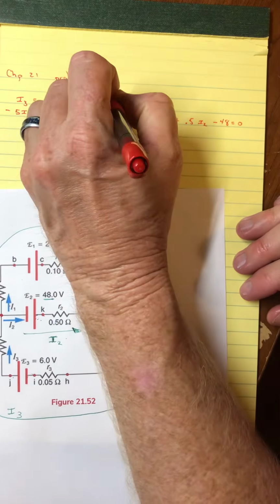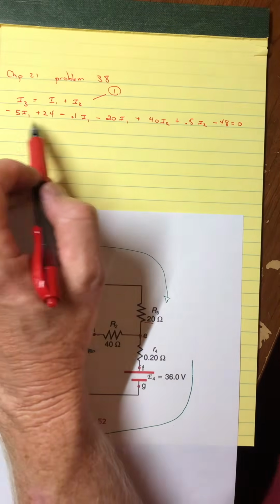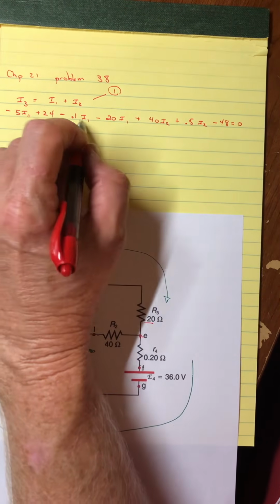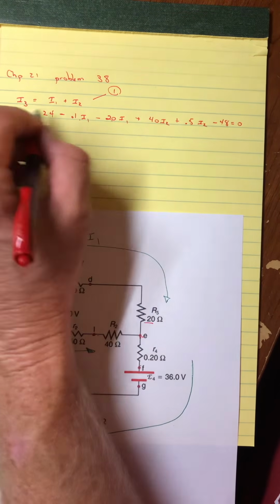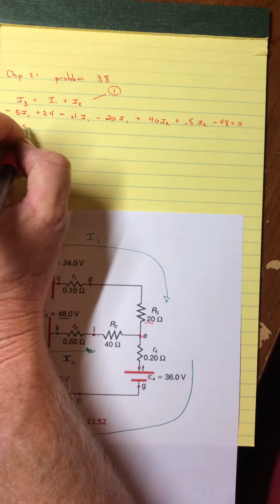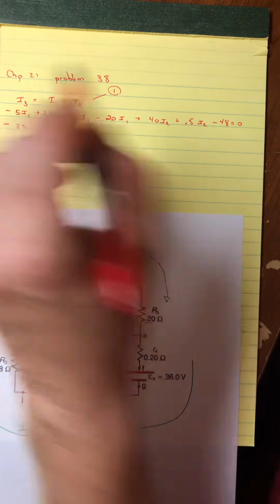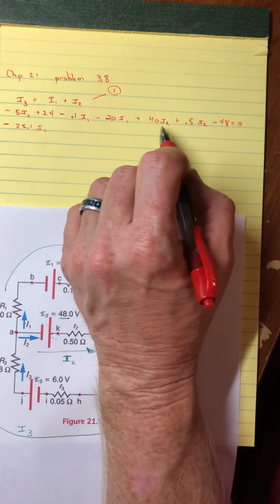And maybe I should come back here and label this first one. Let me simplify this one before I label it. As I said, we could put all the I1s together, and if I did that, that would be a negative 25.1 I1. We could also put all the I2s together.